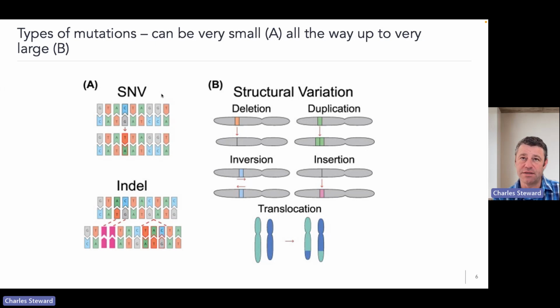Here you can see an image of a deletion, where the orange is removed; a duplication, where a piece of the genome is doubled up; an inversion, where the sequence actually gets turned around compared to the reference genome; and an insertion, where we get an extra bit of DNA inserted into our chromosomes. Sorry, what I haven't said is these are representations of chromosomes. And translocations, where a bit of one chromosome gets transferred to another chromosome.